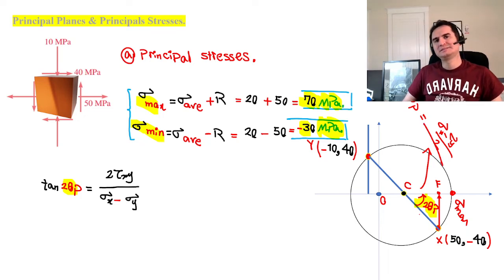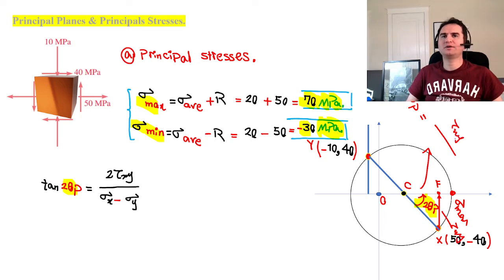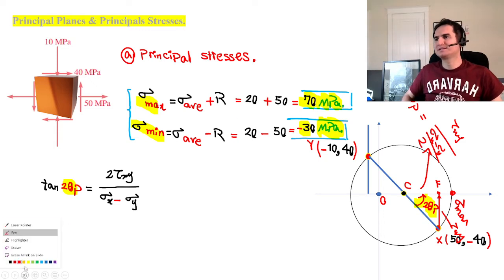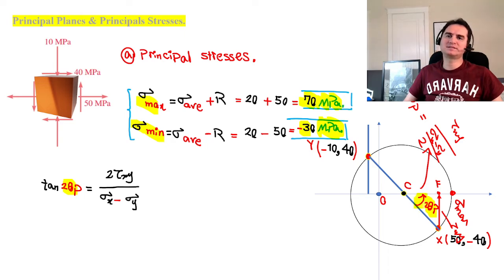So tangent of 2 theta p is equal to, my bad, that's tau xy over sigma x minus sigma y over 2. So it just says tangent of this angle is rise over run.